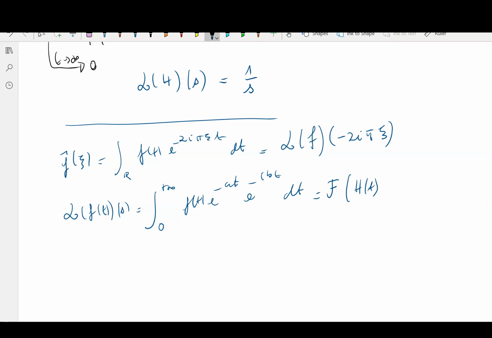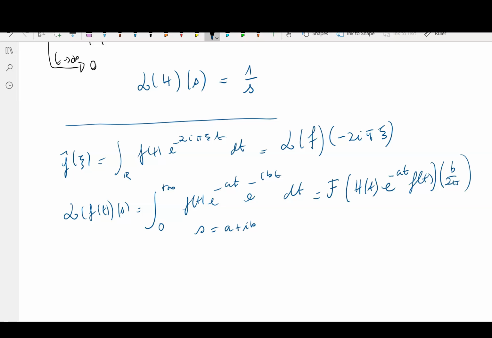I have h of t because the integral is only from 0 to plus infinity. I have my function defined as e minus at times f of t, and the variable now is going to be b over 2 pi, if b is the imaginary part of s, with s equal to a plus ib.